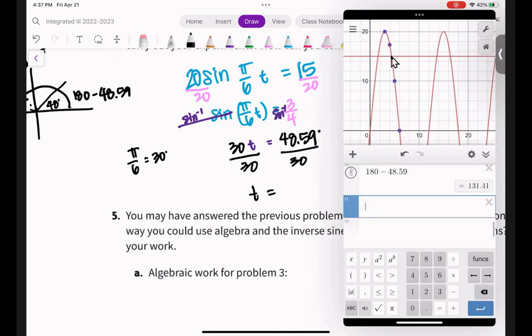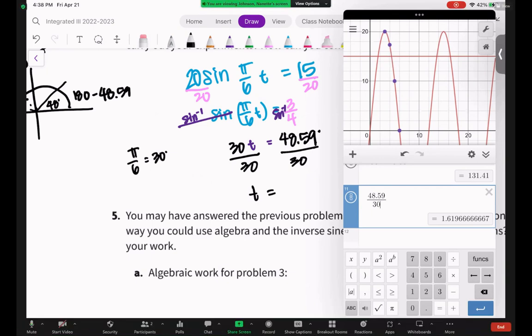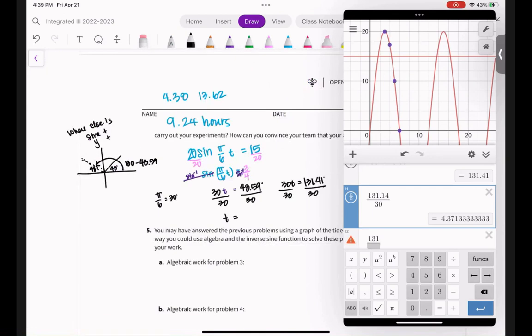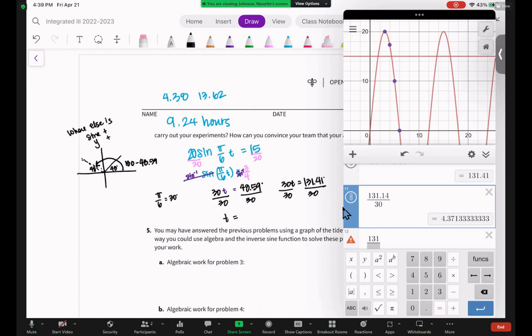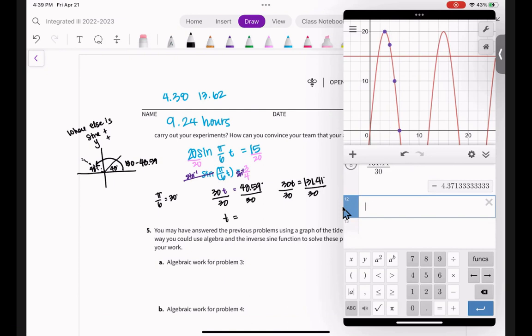So let's go. 48.59 divided by 30 is 1.61. Uh-oh, what did I do? Hold on a second. Okay, the very first answer I got, oh man, I erased it. 48.59 divided by 30.